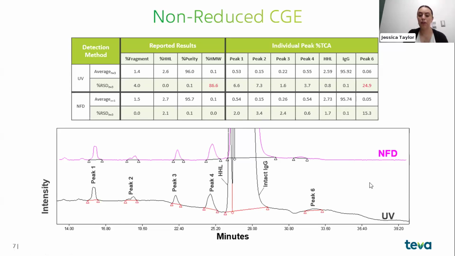For this particular sample, the high molecular weight peak is peak 6. And if you look at the individual data present in the right side of the table, you can see that the variance for the detection of this high molecular weight peak is significantly decreased using the native fluorescence detector.